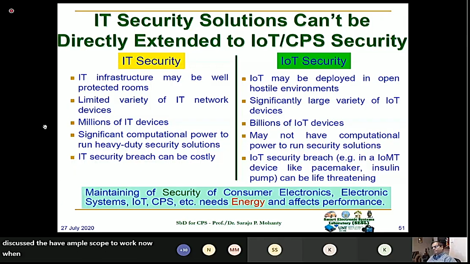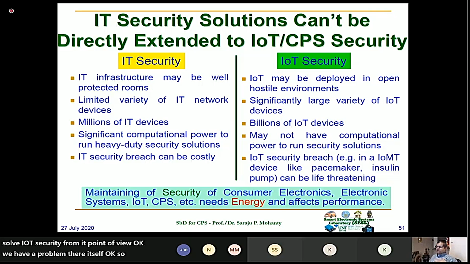Now, when I differentiate IT security versus IoT security, that small o in the middle makes a big difference. A lot of security solutions as of now have been coming from the thought of IT. That is the problem. If we want to solve IoT security from an IT point of view, we have a problem there itself.